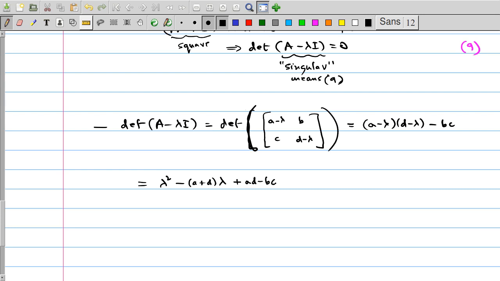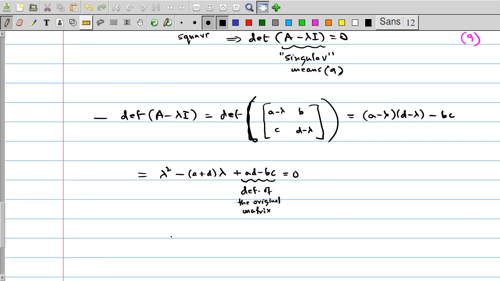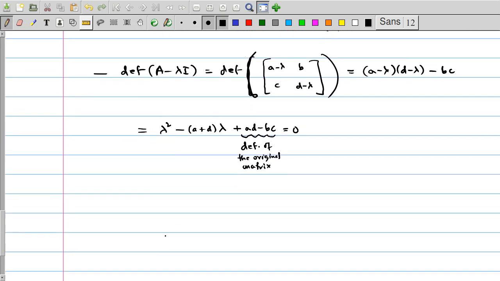Ad minus bc happens to be the determinant of the original matrix, equals 0. Not that this has any tremendous significance for what we are doing. Still, it's nice to know.